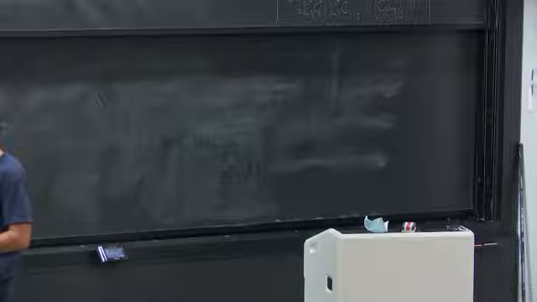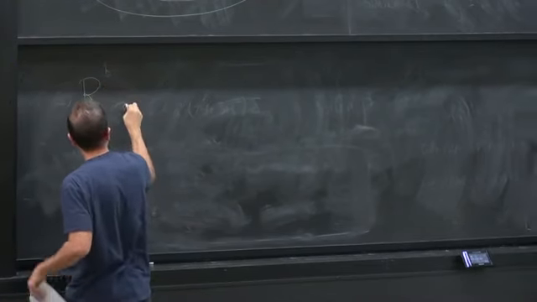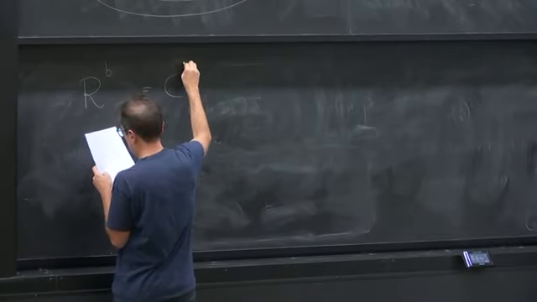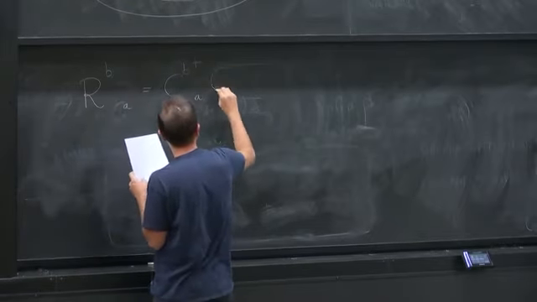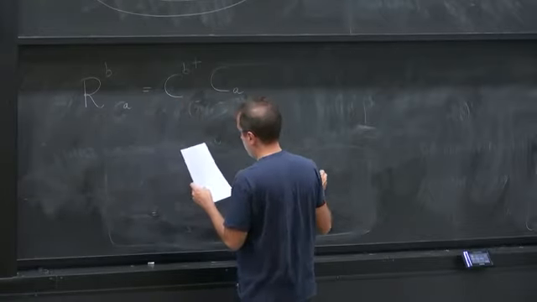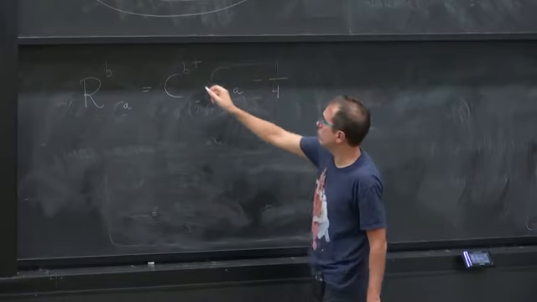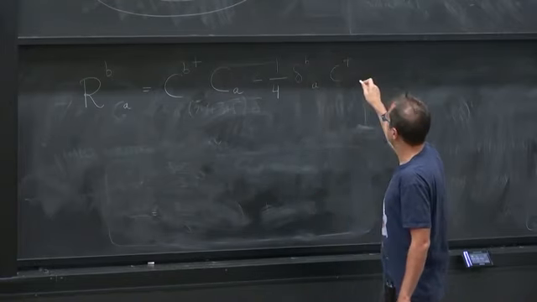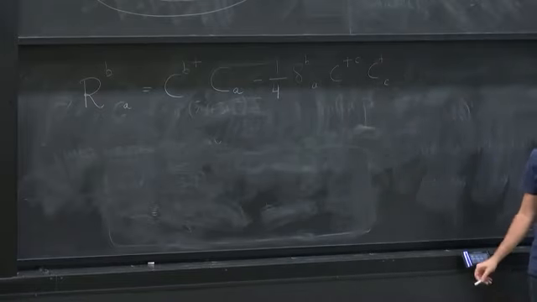What's the rotation operator R BA? Well, it's something like this. You create index B, you annihilate index A, and you make it traceless because it's an element of SU4. So you subtract minus 1/4 of delta BA C dagger C C dagger C. Right? It's just to make it traceless, to make it a generator of SU4.